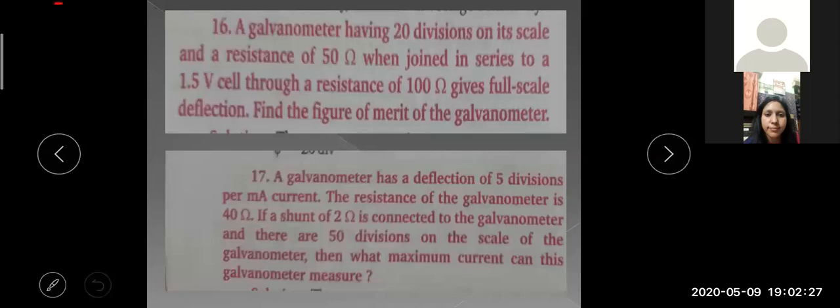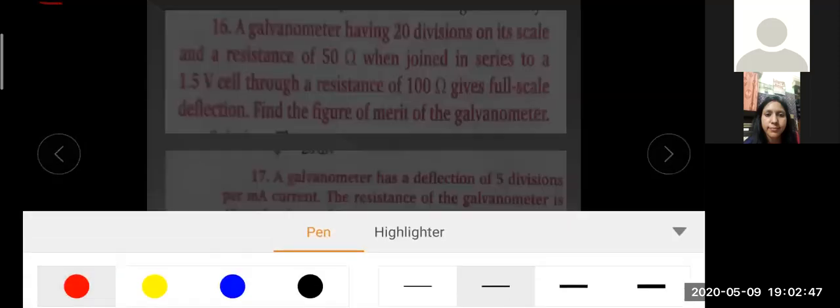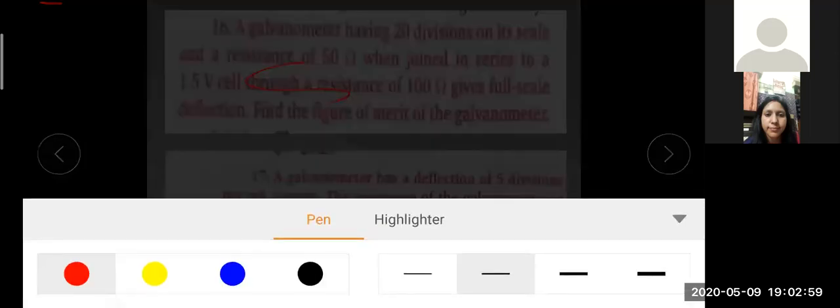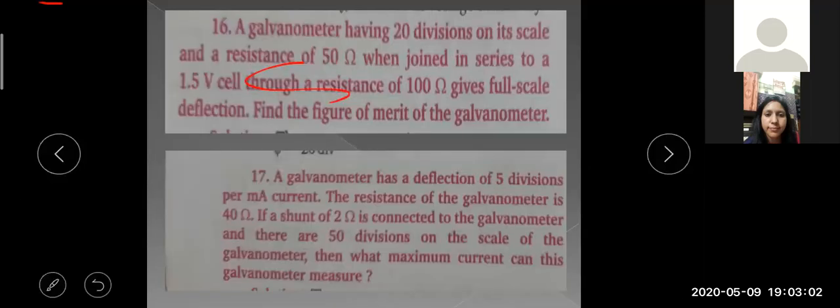The first problem: a galvanometer having 20 divisions in its scale and a resistance of 50 ohm, when joined in series to a 1.5 volt cell through a resistance of 100 ohm, gives a full scale deflection. Find the figure of merit of the galvanometer. What is figure of merit, students?